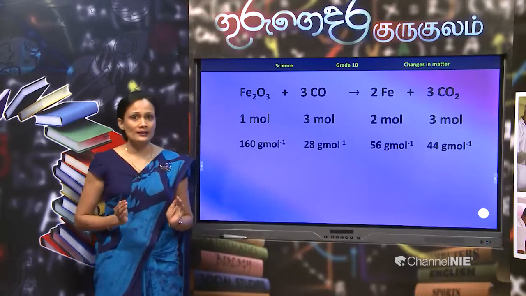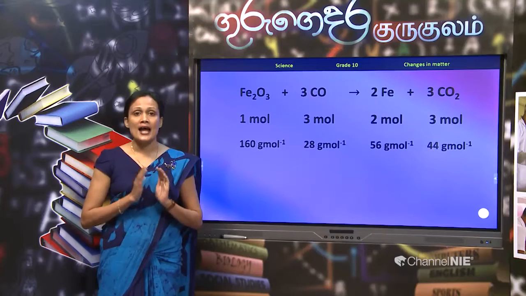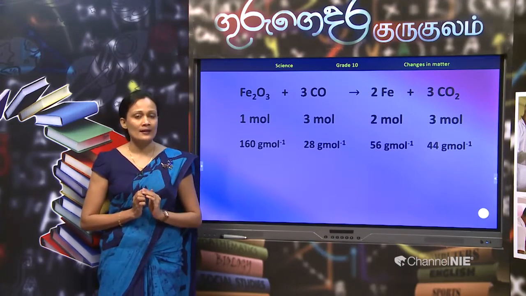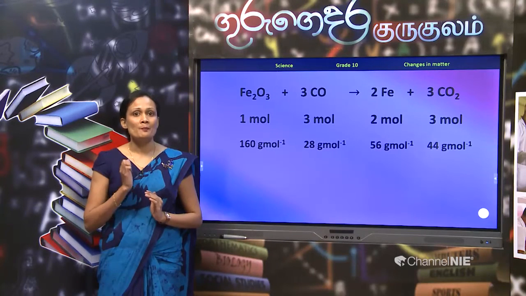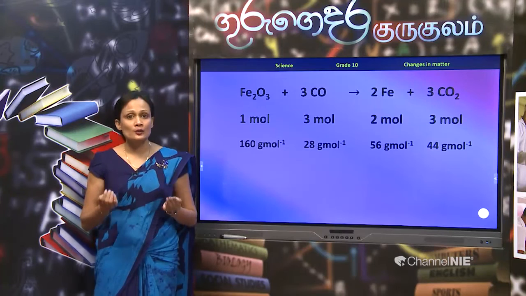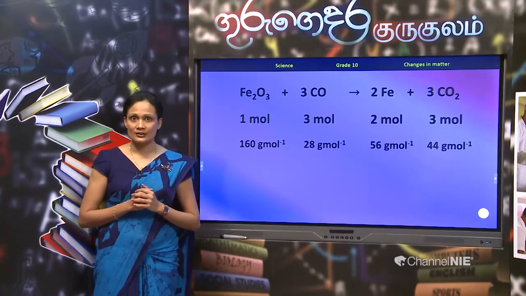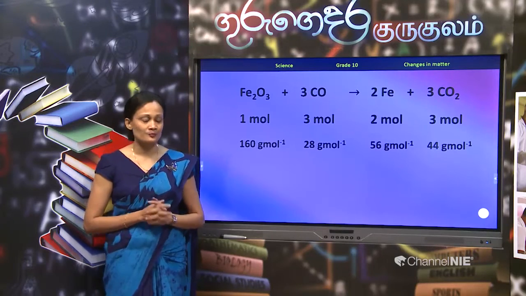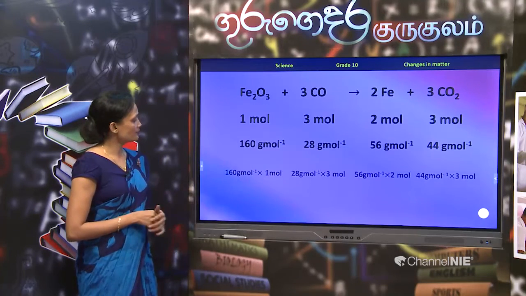If we know the relative atomic masses and relative molecular masses, we can find the mass of the compounds or the elements which are used for the chemical reaction and which are produced by the chemical reaction. Look at this one.